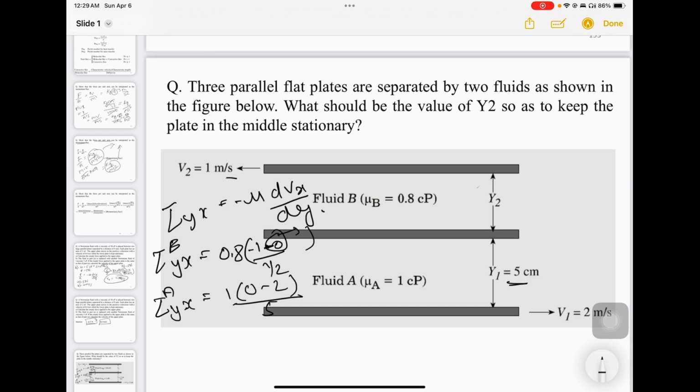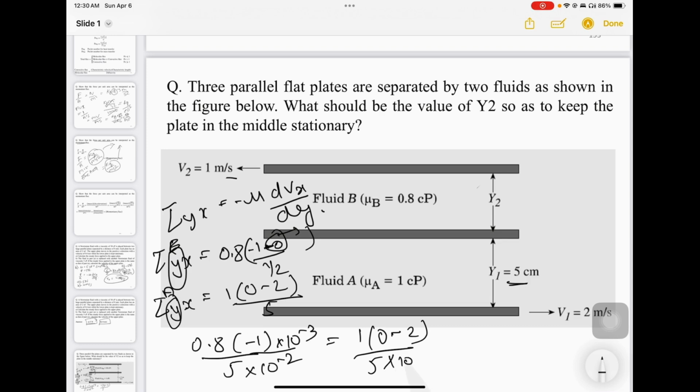Now, we know that the flux moving in y direction would be the same. Therefore, 0.8 times minus 1 upon y2 into 10 raised to the power minus 3 upon 10 raised to the power minus 2 is equal to 1 into 0 minus 2 upon 5. Here I made a mistake, where I wrote 5 it must be y2.